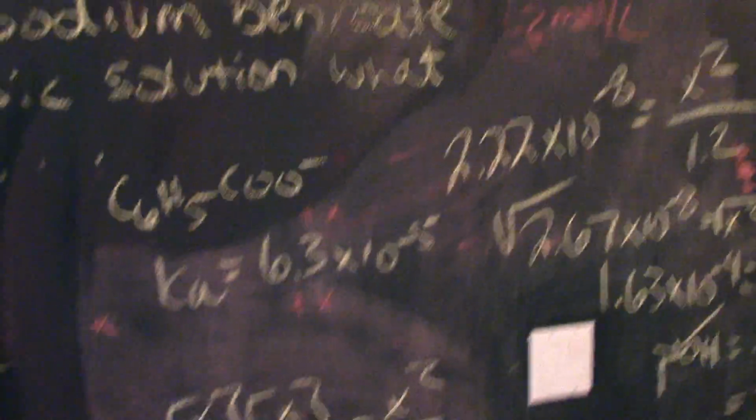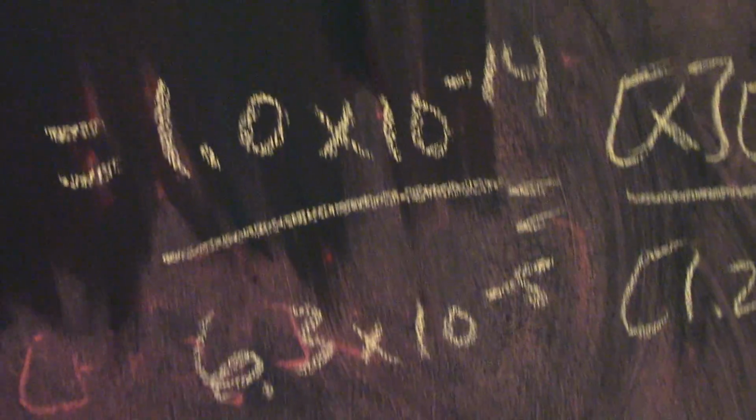And that's in my data booklet. So that's going to be 1.0 times 10 to the negative 14 over 6.3 times 10 to the negative 5. And my Kb for sodium benzoate is 1.6 times 10 to the negative 10.